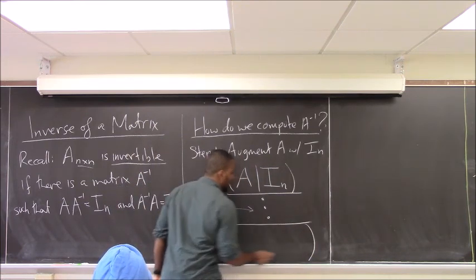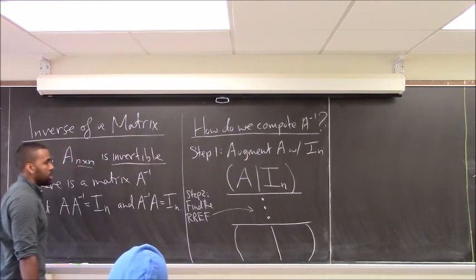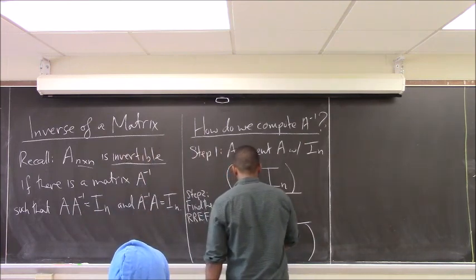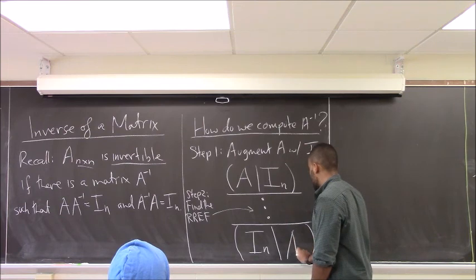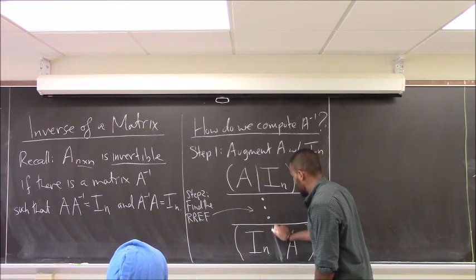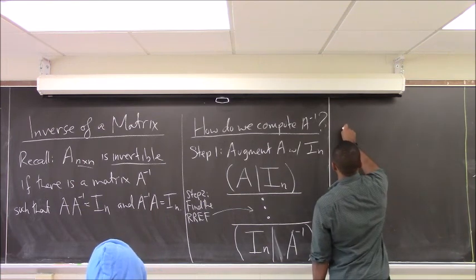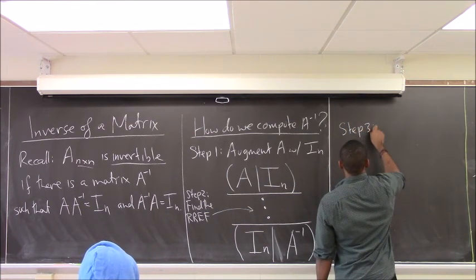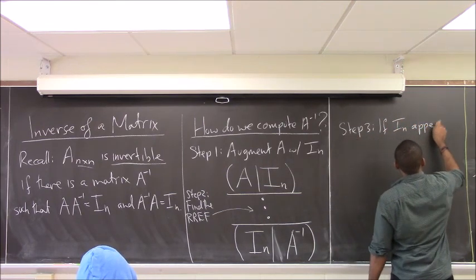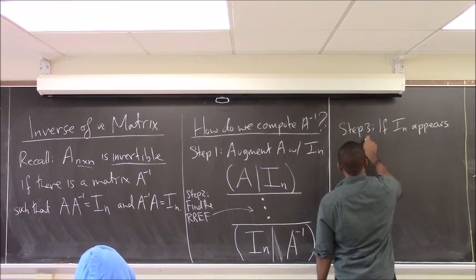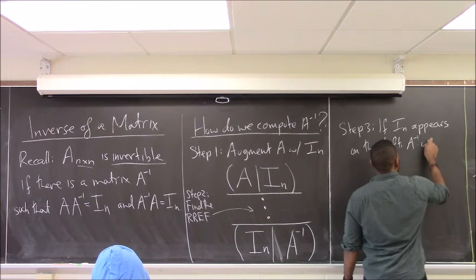Now, if your matrix has an inverse, the destiny of this matrix is predictable. You will have the identity appearing on this side, and the matrix that's on this side is going to be the inverse. So step 3: if I_n appears on the left, A inverse will be on the right.